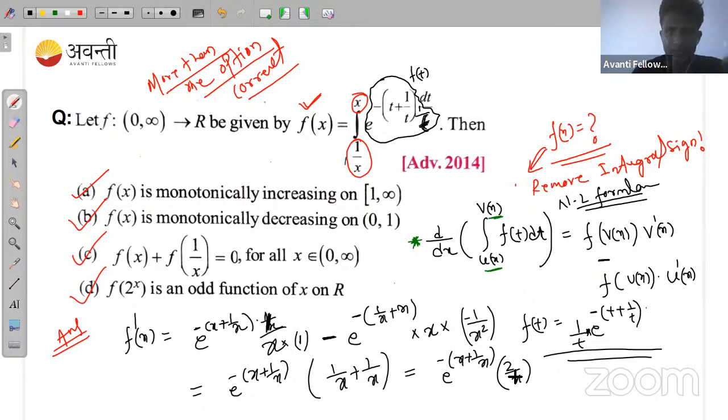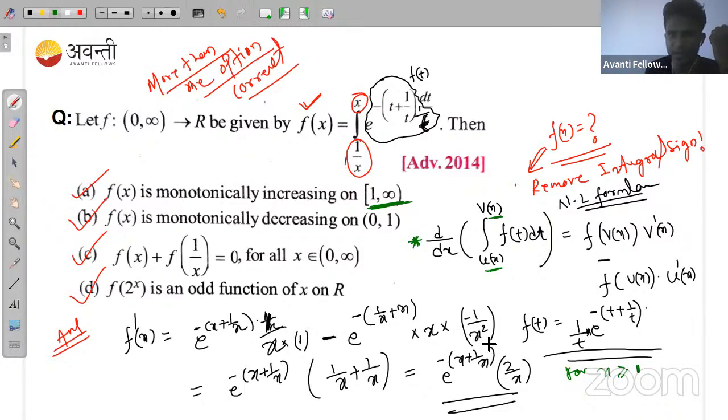See, we have to check the monotonicity of f of x. Is f of x monotonically increasing or decreasing? We have f dash x. Now we have to check the sign of f dash x. Can you tell me whether it is positive or negative for every x from 1 to infinity? If you put any value for x greater than or equal to 1, it will be what?